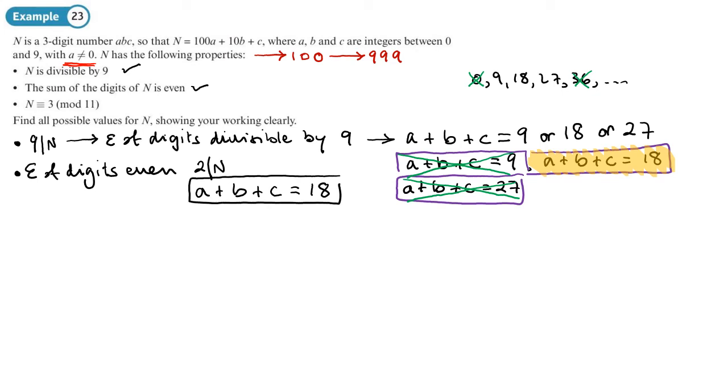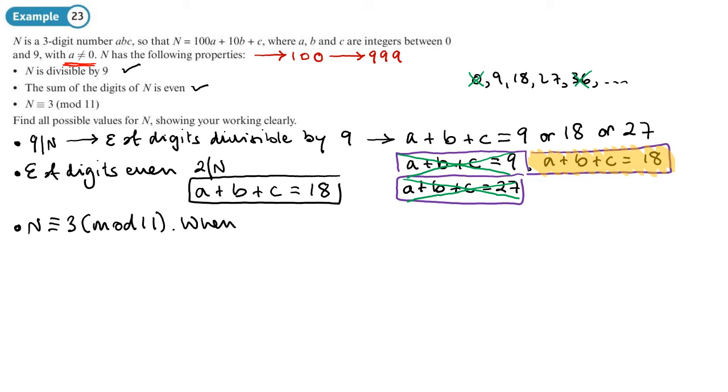Right, if we go on to the third piece of information, n is congruent to 3 under mod 11. Now what does that mean? That means that when this number n is divided by 11, there's a remainder of 3. Okay, so we'll write that down.